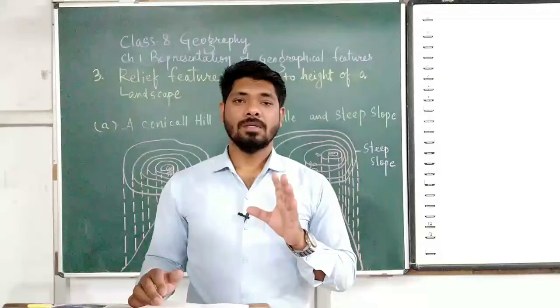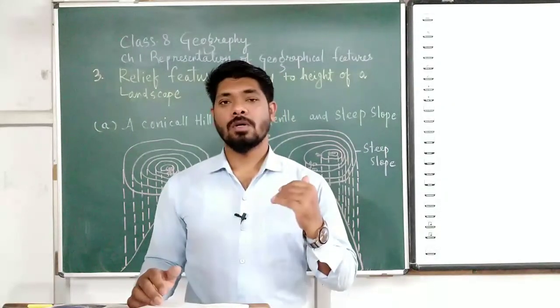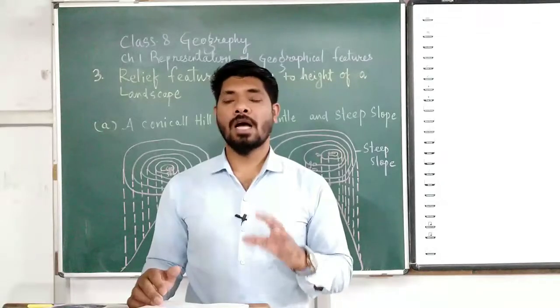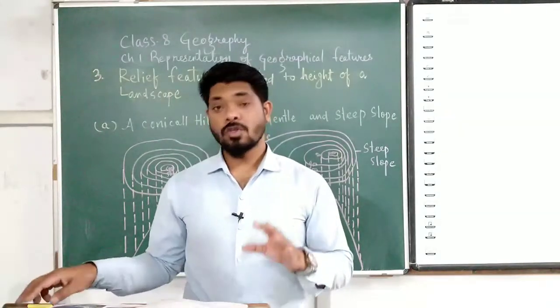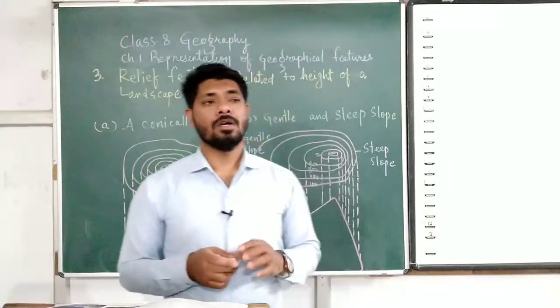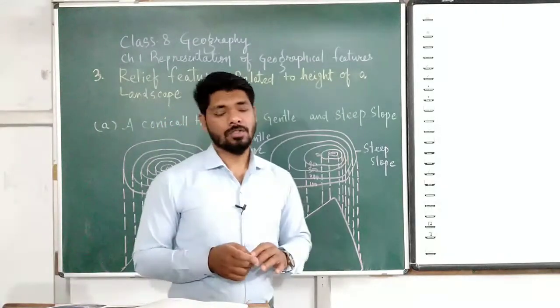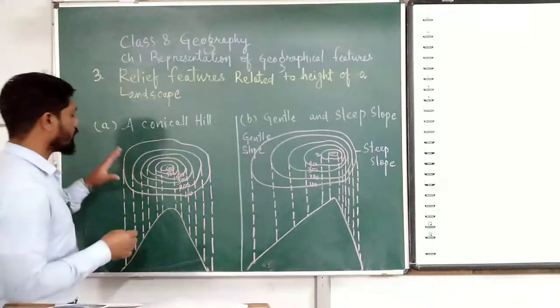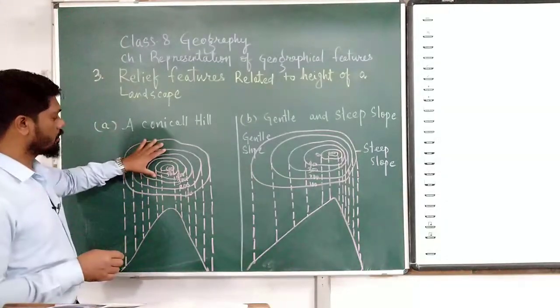But now you remember the definition of those relief features and how they are shown with the help of contour lines. So in this video we shall discuss two landscapes, that is the conical hill, and the gentle slope and steep slope. You could see that the conical hill is shown with contour lines.